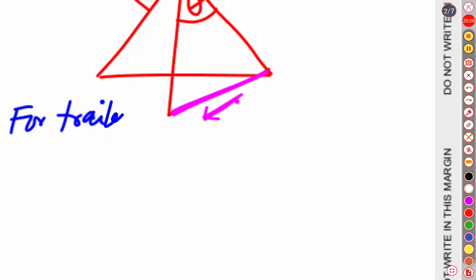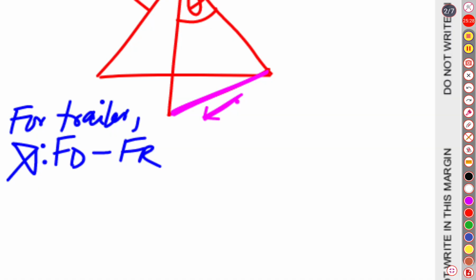For the trailer, driving force minus, let us show the direction, because direction matters in force. Force is a vector term, it is also moving upward. So driving force minus resistance force is equal to mass into acceleration.